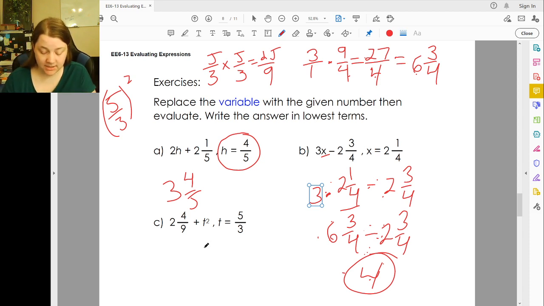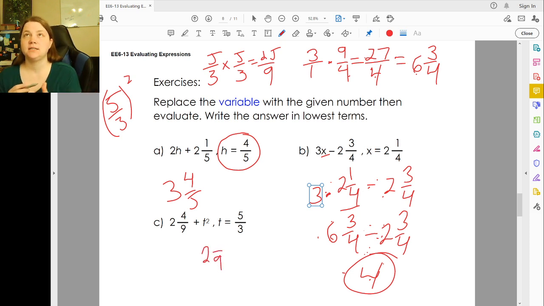That gets us all the way to 18. We still have 18, 19, 20, 21, 22, 23, 24, 25, 7. So that's 2 7/9.